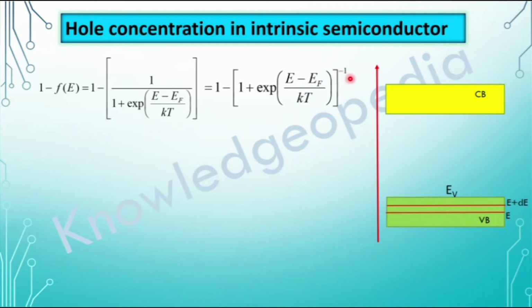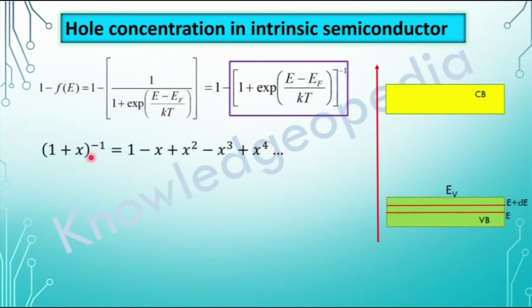because I have taken this to the numerator, so its power became minus 1. The function within this box resembles a standard expansion, that is (1 plus x) to the power minus 1 is equal to 1 minus x plus x square minus x cube, and it will continue like that. Comparing this with this function, here you can see this is (1 plus x) to the power minus 1.